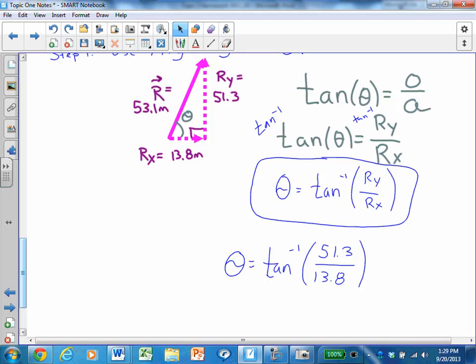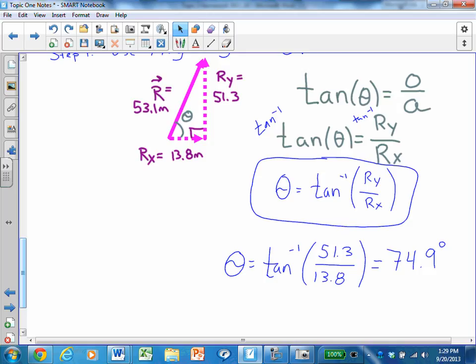Anyways, what are we asking when we do this? We're going to do second or shift tan inverse, and then we're going to put in 51.3 divided by 13.8. It should be high on the y, small on the x, so an angle between 70 and 90 degrees. 74.9 degrees. We're telling the calculator, here's this ratio of the opposite side over the adjacent.